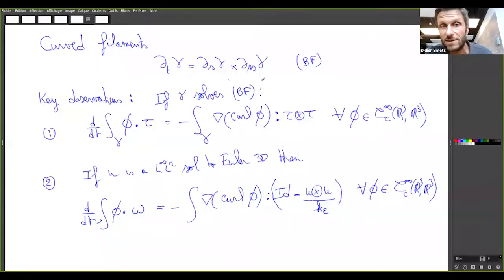Because if you look at this flow as an equation for a parametrized curve, the level of regularity that you need to control, for example, the Lipschitz constant of the flow associated to this equation is much higher than what you can expect from here. Actually, in terms of Cauchy problem, I did not mention it yesterday, but the well-posedness level for this equation is H3, so 3 derivatives in L2. This is much higher than what we can hope here with just having the tangent vector. Okay? So that will be the second thing to do.